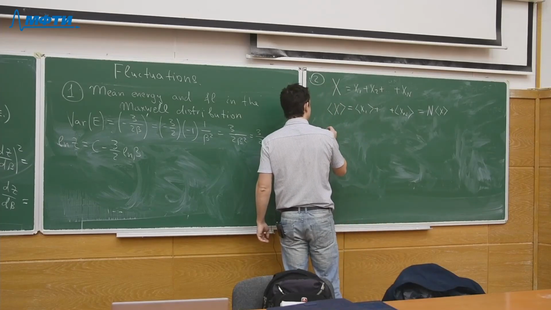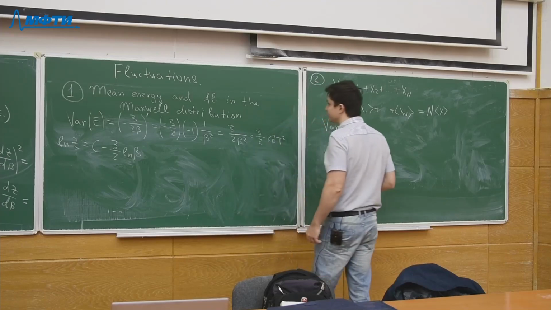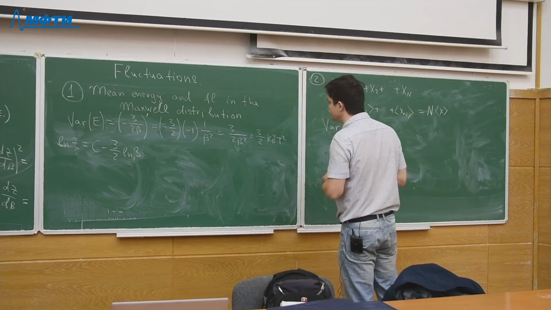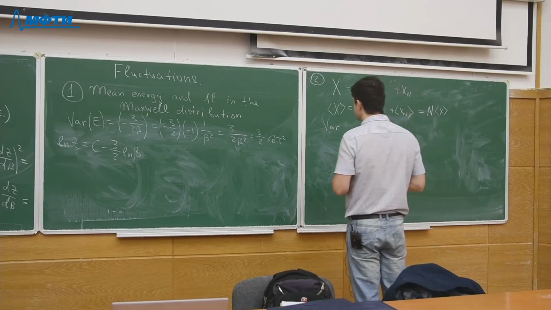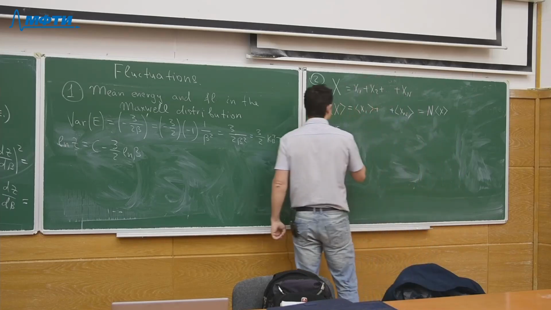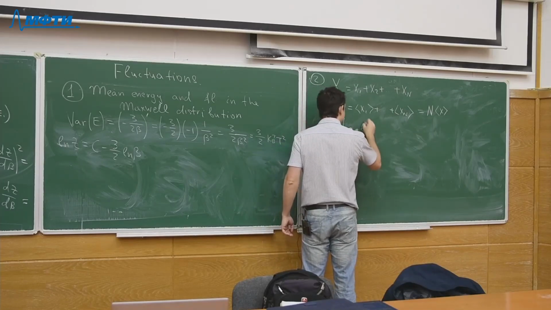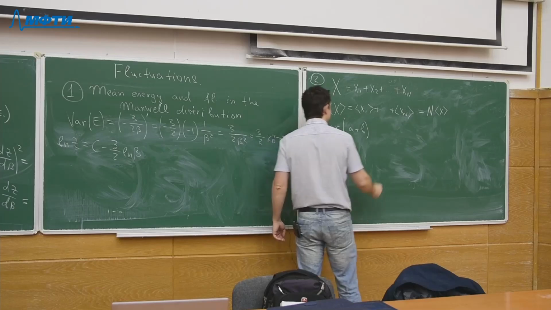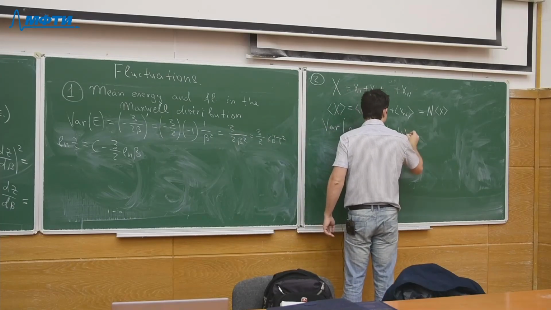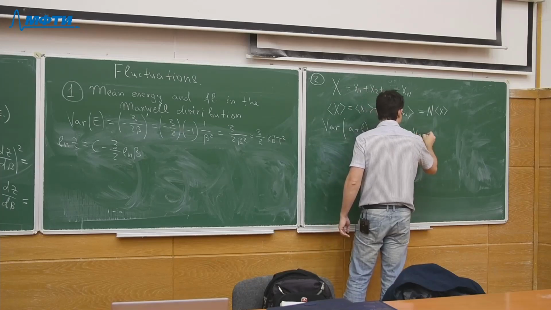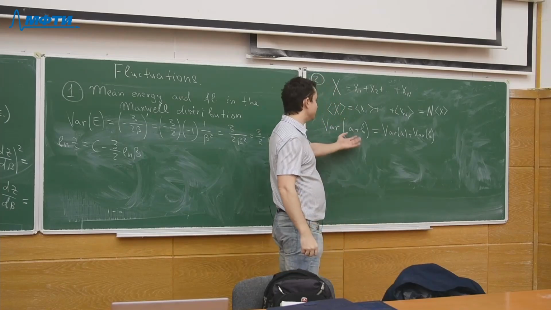If I want to calculate the variance, I'm going to use the property which I derived during the lecture devoted to basic stuff about probabilities and statistics, in which I derived that the variance of A plus B, where A and B are independent variables, is equal to the variance of A plus the variance of B. Of course, this property can be extended to more than two variables.